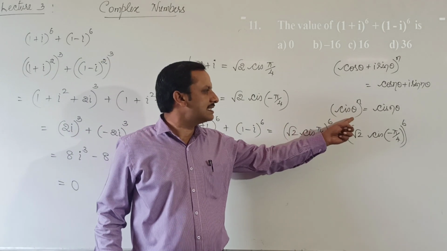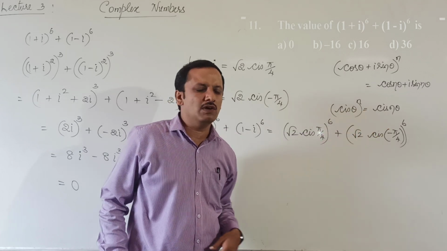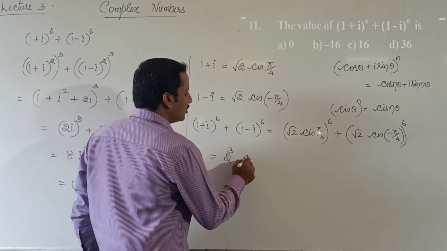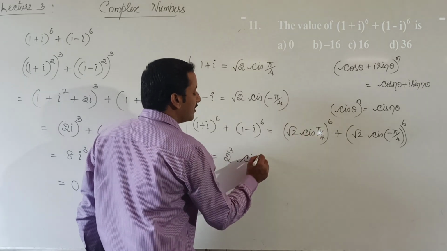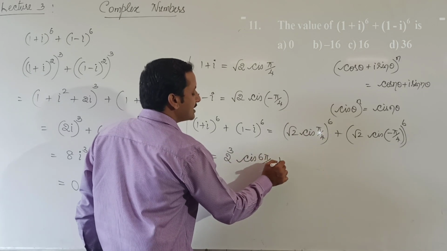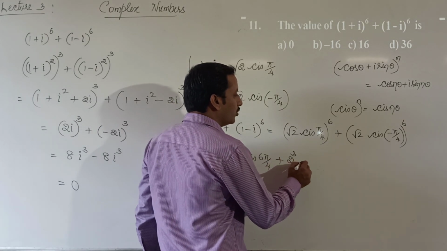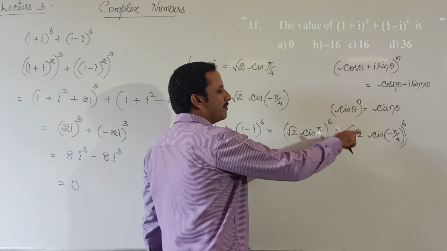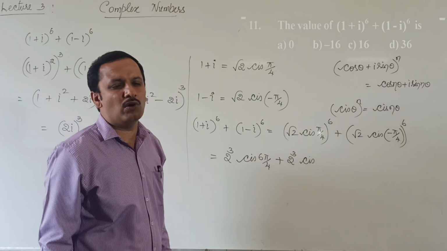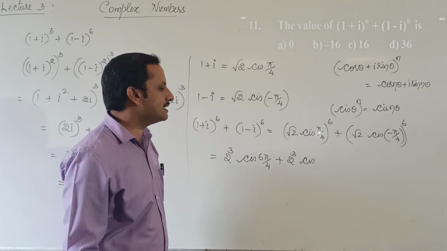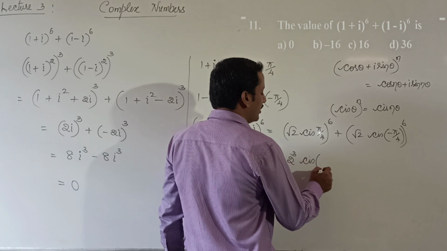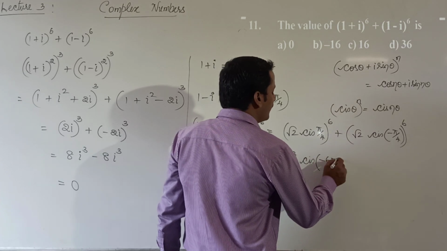It looks like (cis θ)^n, that's equal to cis nθ. So it will become cis 6π/4, plus in the next term also (root 2)^6, that will give you 2^3. (Cis of minus π/4)^6. (Cis θ)^n is equal to cis nθ. So cis of minus 6π/4.